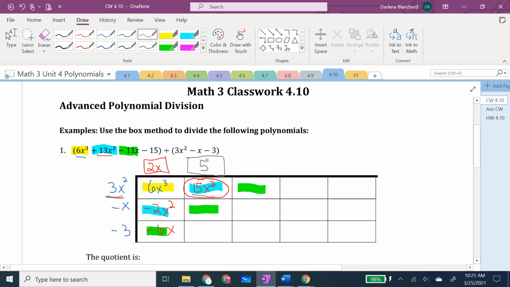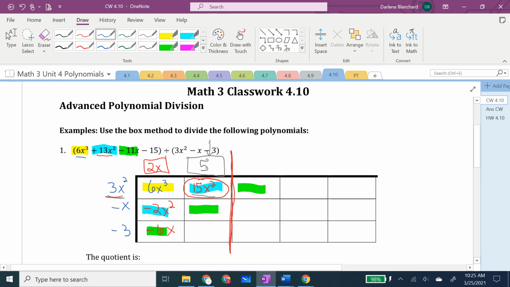And I want to remind you that the second you put down a constant, that's the cutoff for the full polynomial. If I'm not able to put this entire polynomial into those 6 boxes, everything else is going to be a remainder. So let's see what happens.